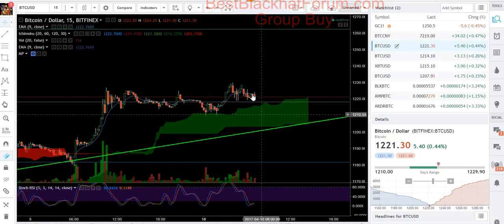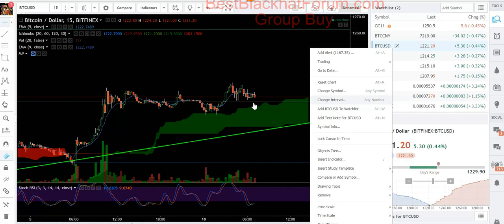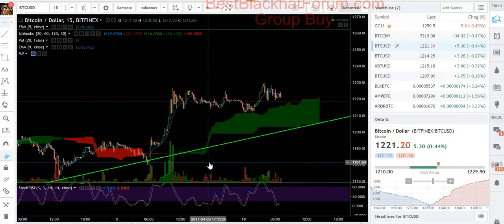So here, we've been respecting this 15-minute cloud. Okay, we're actually above this line right here, this white line, which is part of our Fibonacci on the higher time frame, meaning that this was our 78.6 right here. This is our 88.3, and this is our 100% right here.